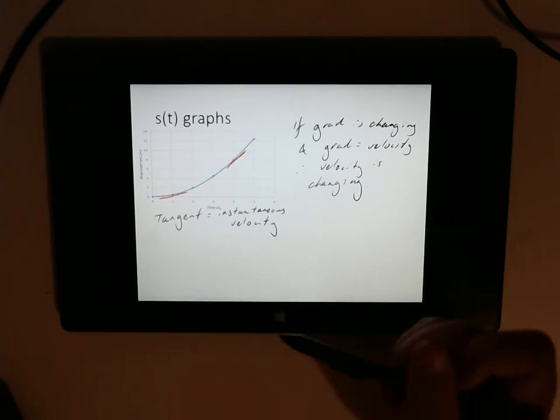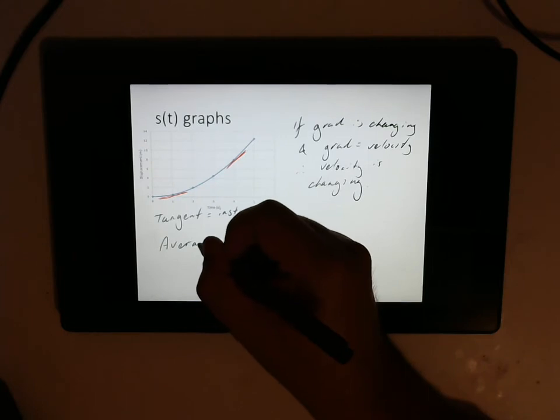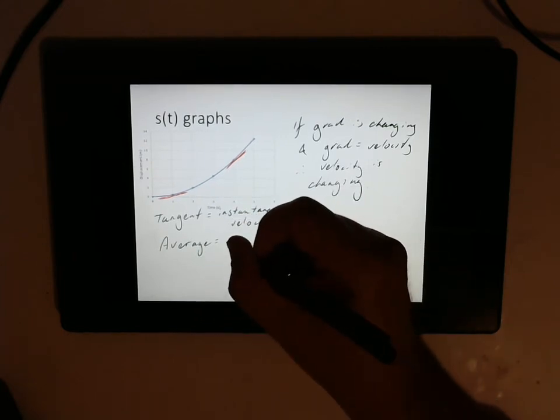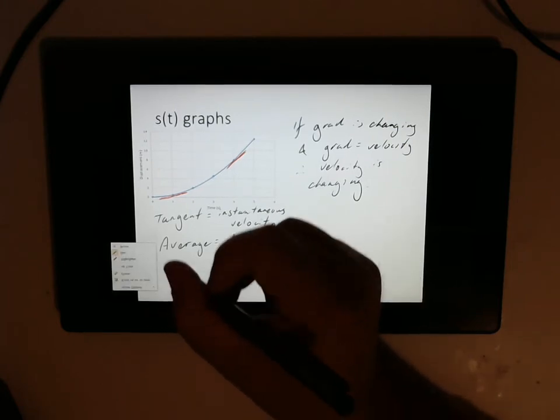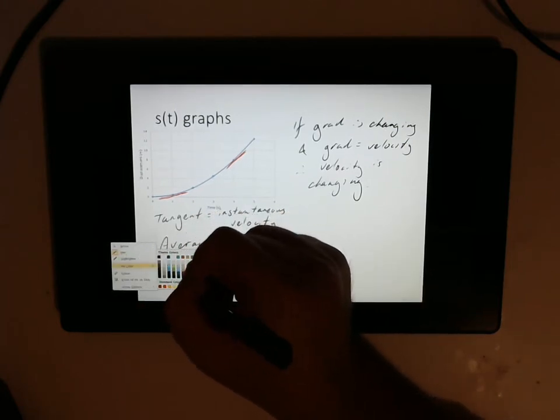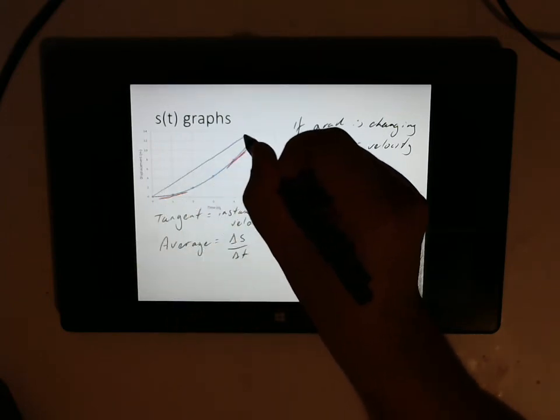However, if we wanted the average velocity, we would again need delta s over delta t, which in this case, and I'll draw this in green, this one would be my average.